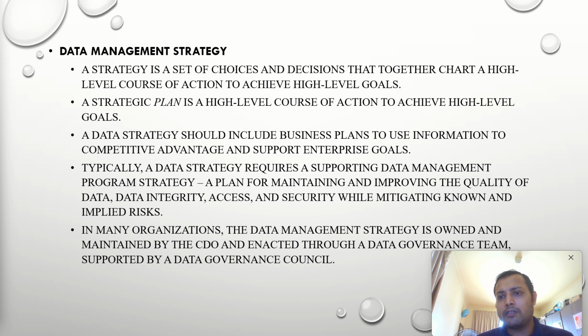Often the chief data officer will draft an initial data strategy and a data management strategy even before a data governance council has been formed, so that senior management commitment is established regarding the data governance, stewardship, and practices that they want to present to management. These are some of the methods that you will see being established as part of the overall objective that you want to set up.